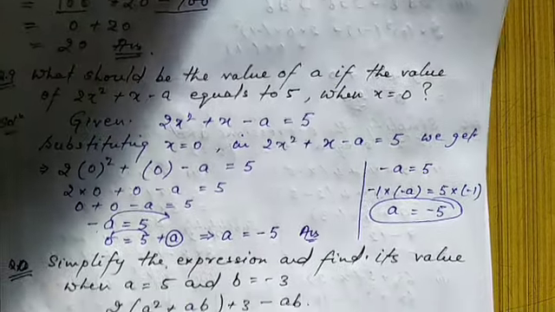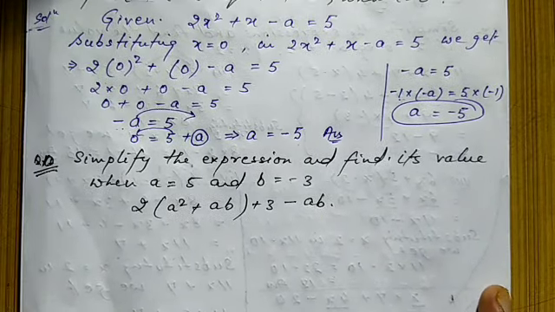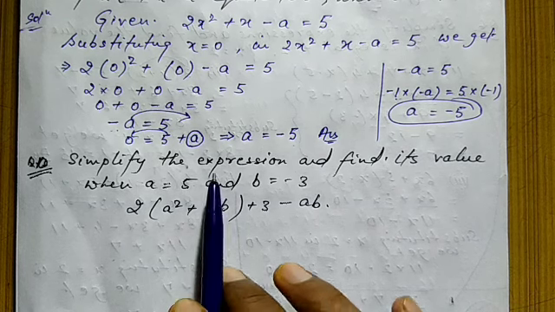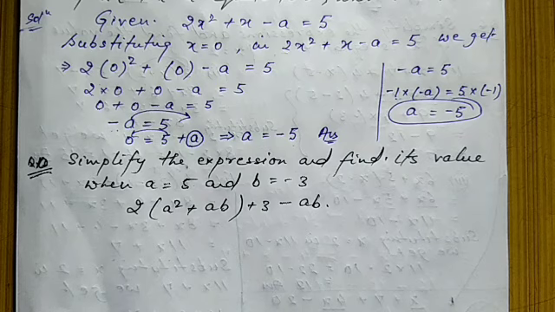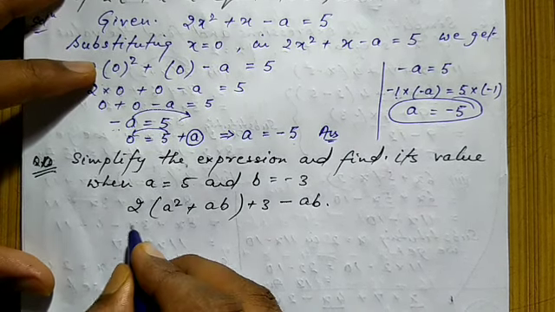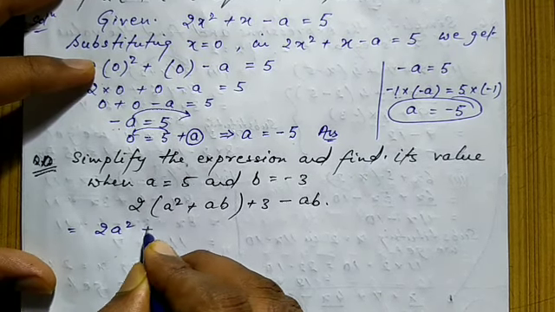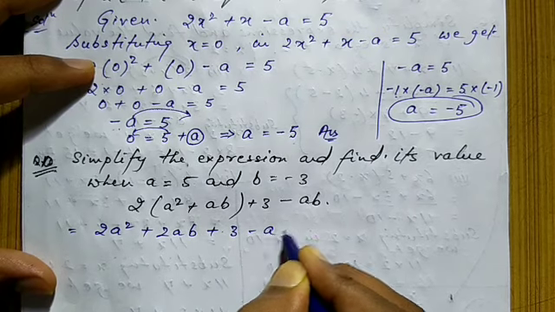Okay, come to the last one. Very good question. Simplify the expression. See here, first you have to simplify the expression and find its value when a is equal to 5 and b is equal to minus 3. Okay, so simplify it: 2a square plus 2ab plus 3 minus ab.